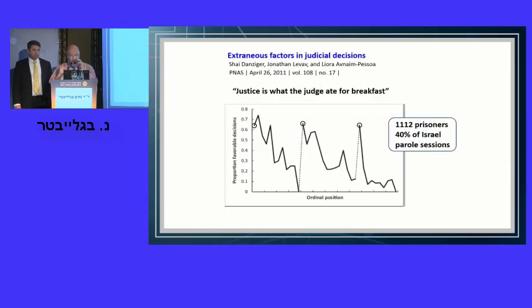Now, to finish my part of the talk, I want to show you something which blew my mind. A group from Beersheba published in the PNAS a very good paper, and they asked themselves, what about the saying that justice is what the judge ate for breakfast?